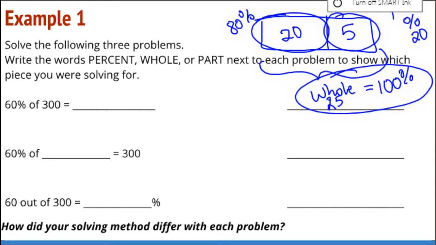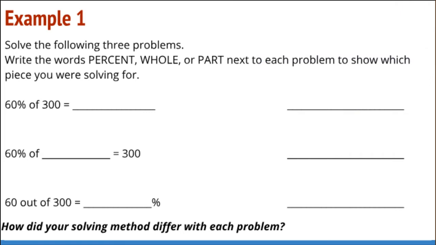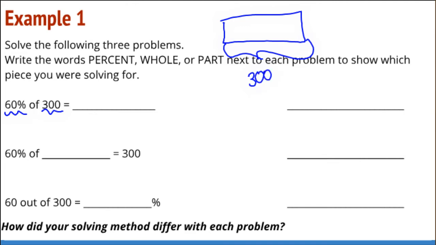So for example, looking here, we're looking for 60% of 300. So on our tape diagram, the 300 is the whole, and it's the 100%. So I'm not looking for the whole in this problem. They already gave me the whole. And I am looking for 60%, so they've told me the percent that I'm looking for.